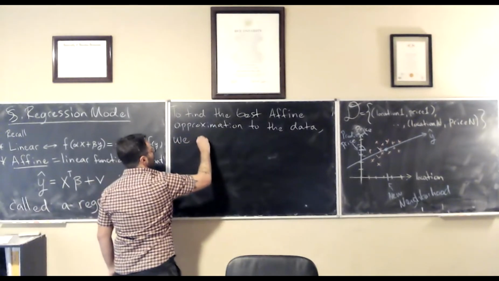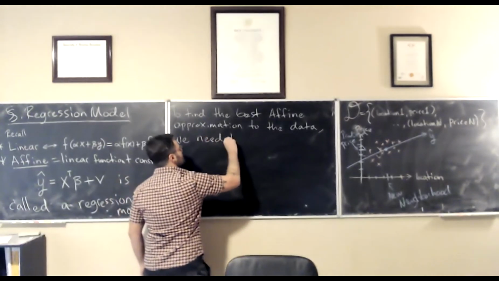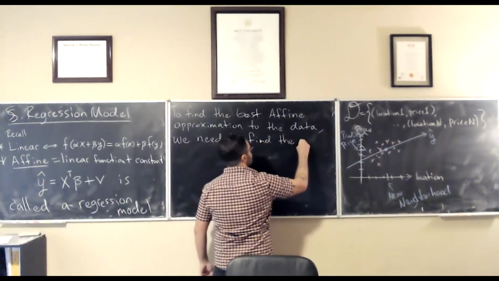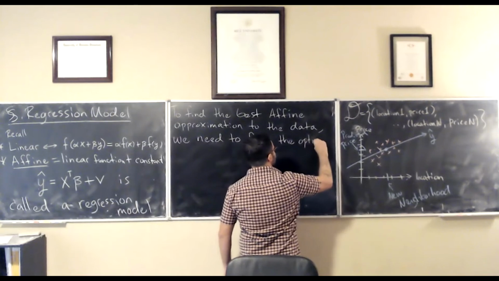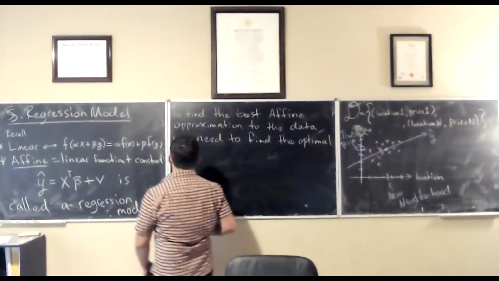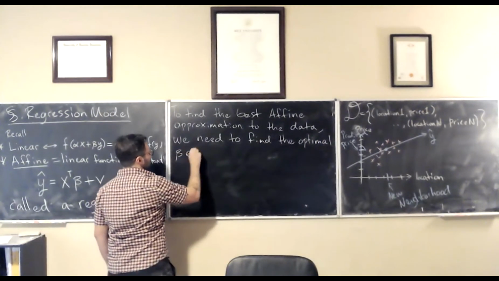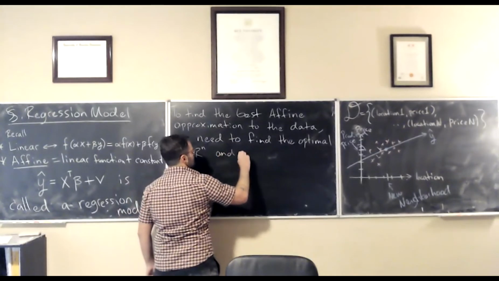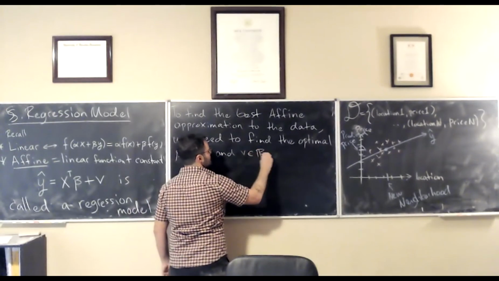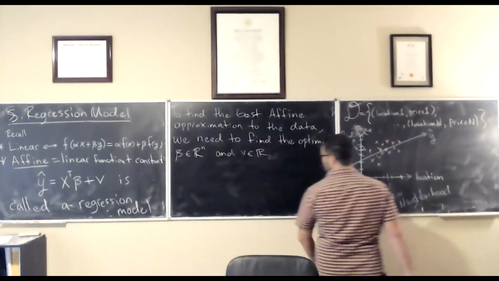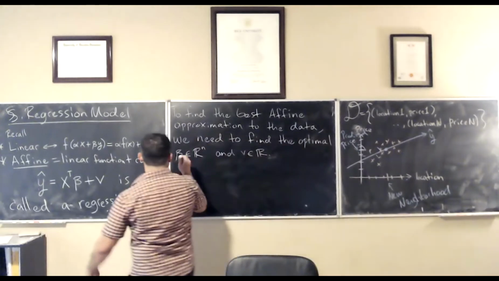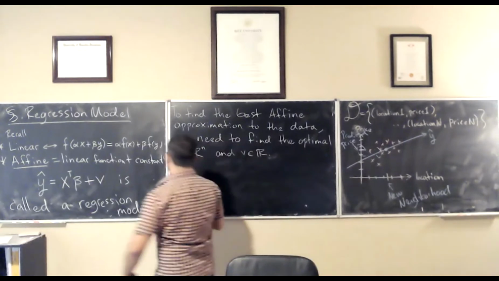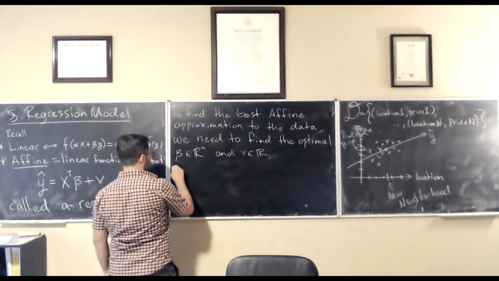So we need to find the optimal beta, which is just some n-dimensional vector, and v, which is just some scalar. Finding this line, using the data to find that line, is called linear regression.